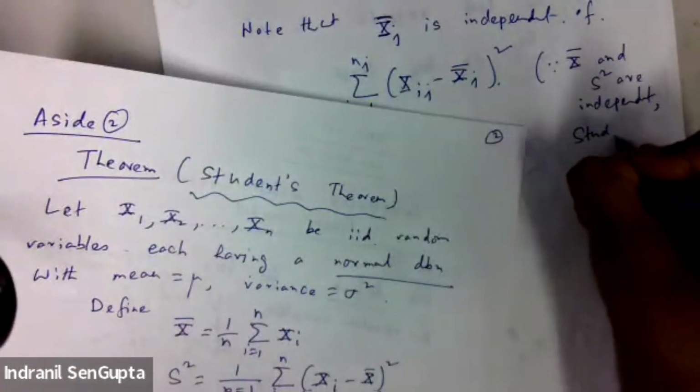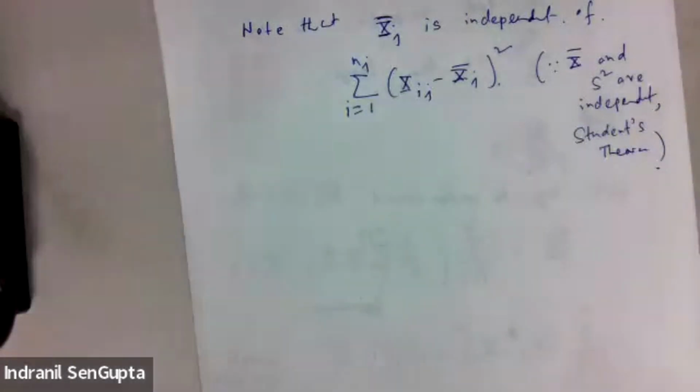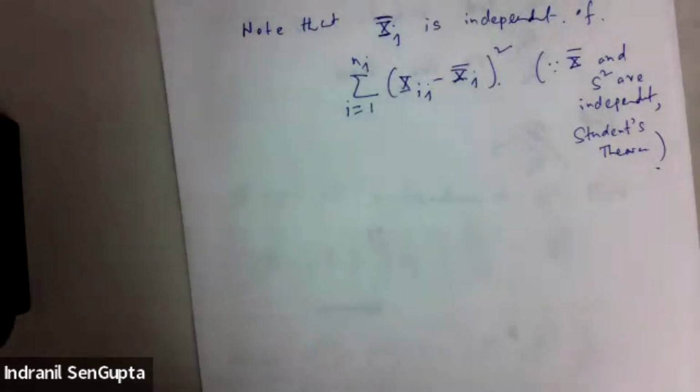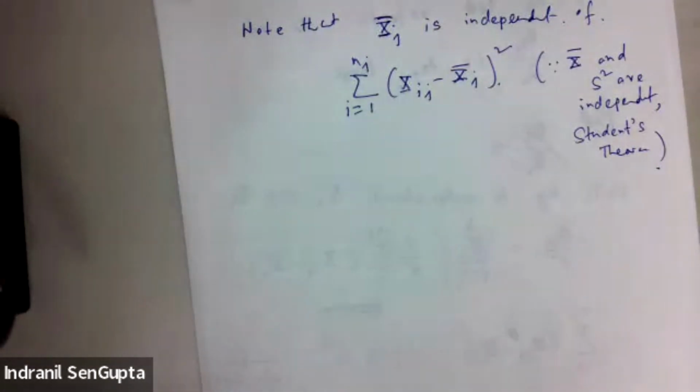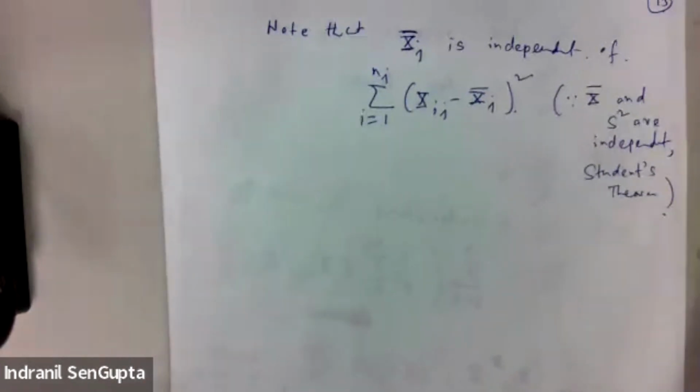Since X bar and s squared are independent, by Student's theorem. Now, what is the use of this observation?